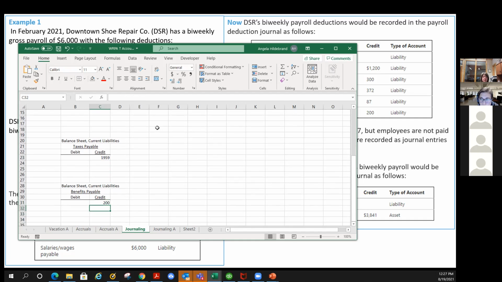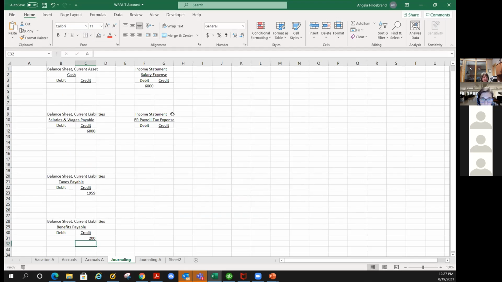right? So when I create a payroll transaction, there's employer taxes that are also due. That is a payroll tax expense because it's an expense of the company.